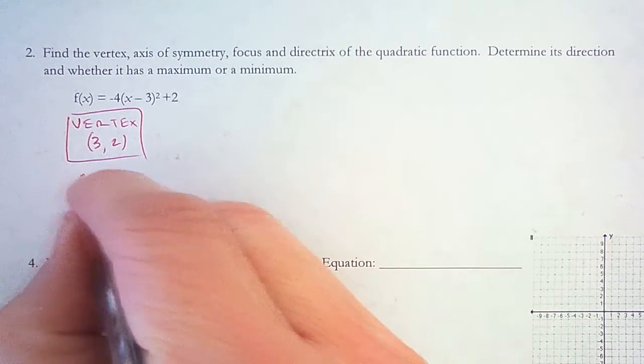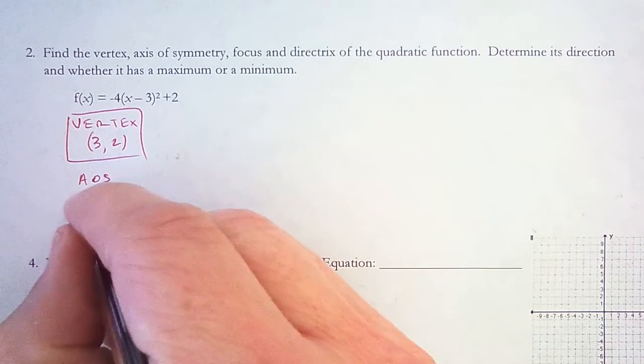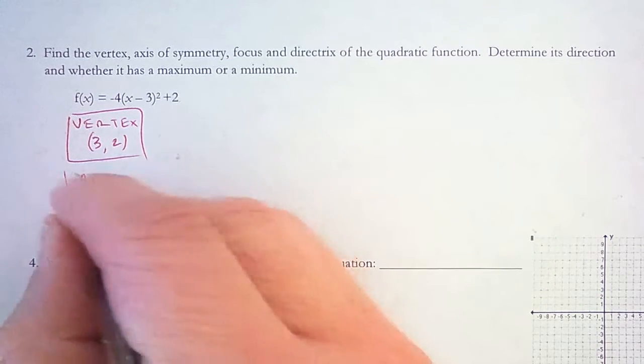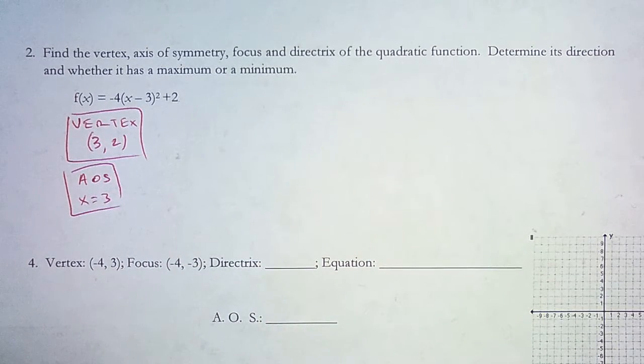Axis of symmetry has to have the same x value as the vertex and the focus, so it's x equals 3, must be in the form x equals, so it's a vertical line.